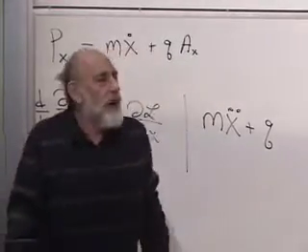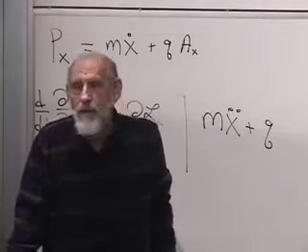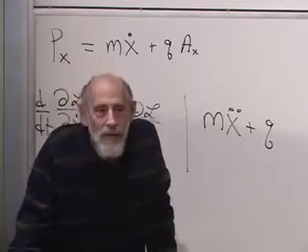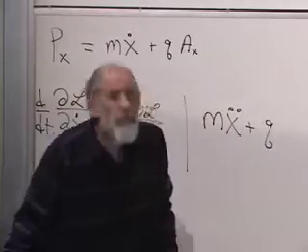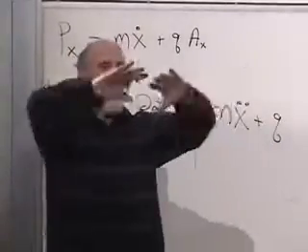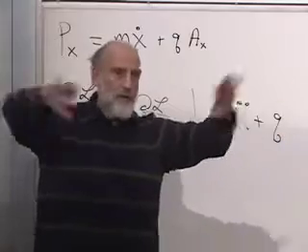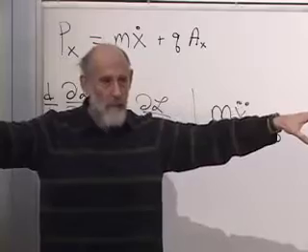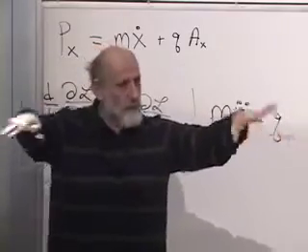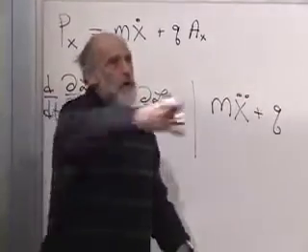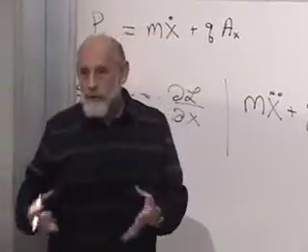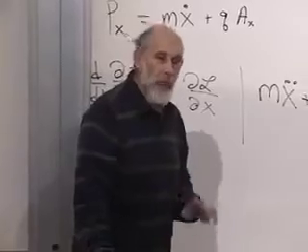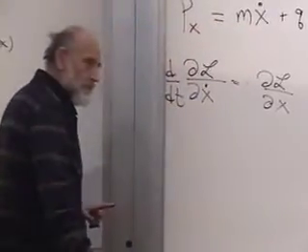I told you that A sub x was not a function of time. Does that mean that it doesn't depend on time? No. What it means is it doesn't depend explicitly on time. Here's the point. You may have a field in space which varies in space but does not vary in time. It's just some spatially dependent thing. But if a particle moves through it, then by virtue of the motion of the particle from point to point, the field at the particle does change with time.